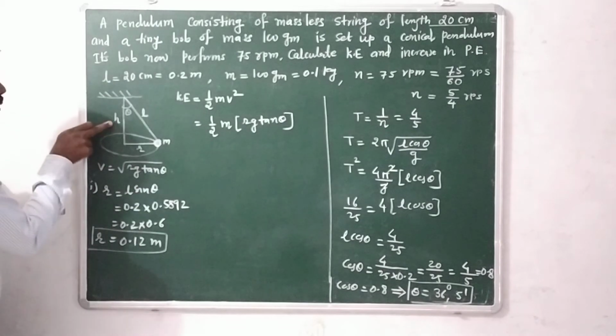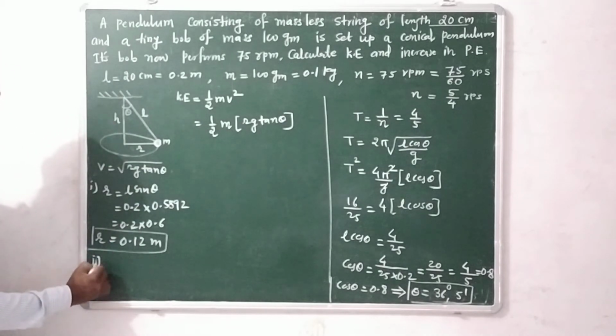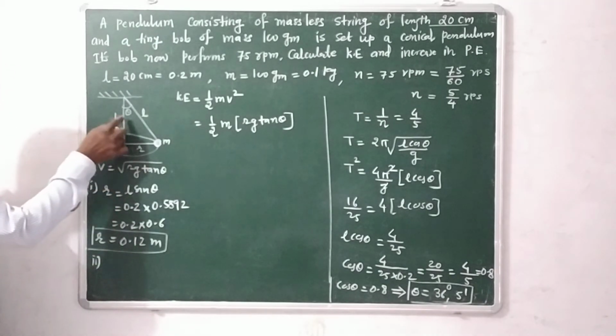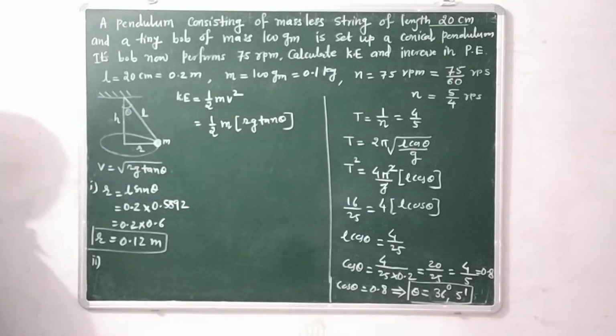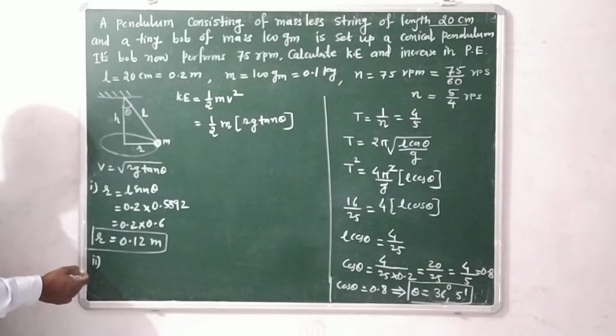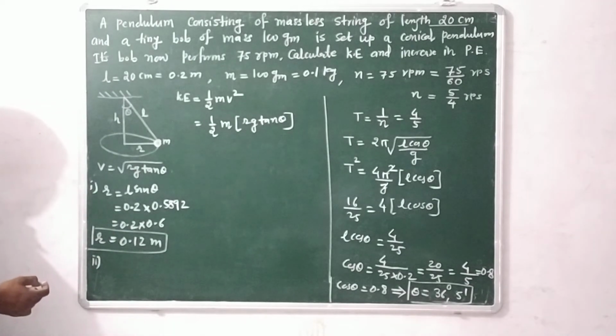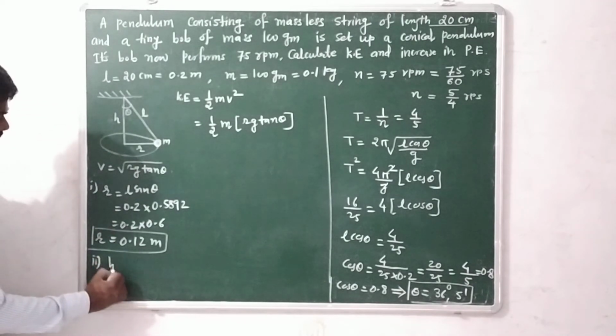Then we can also find H from this diagram. Adjacent side upon hypotenuse, that means cos theta. Cos theta is equal to H by L. Therefore, H is equal to L cos theta.